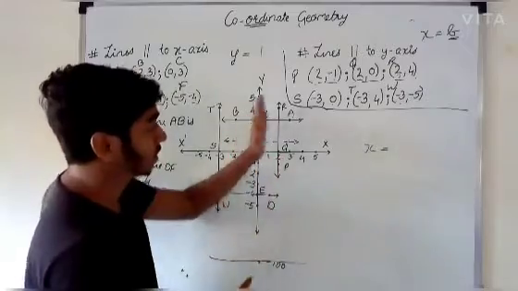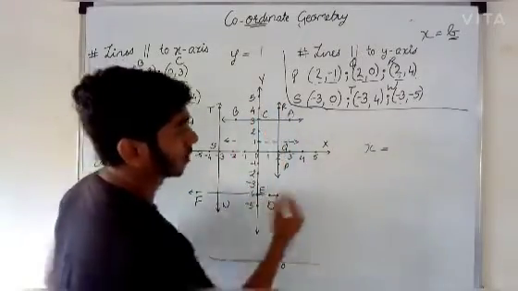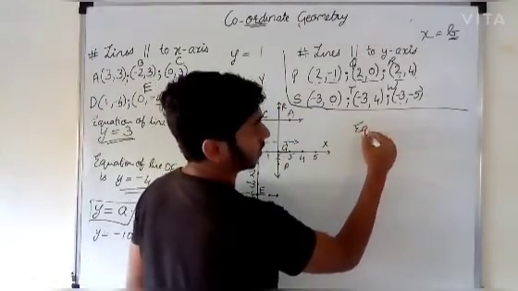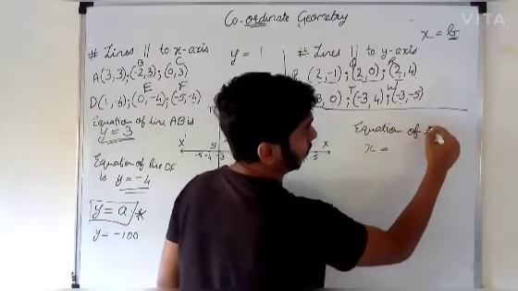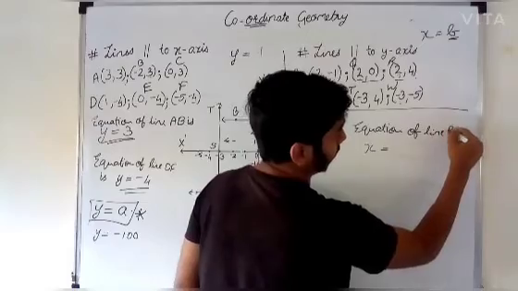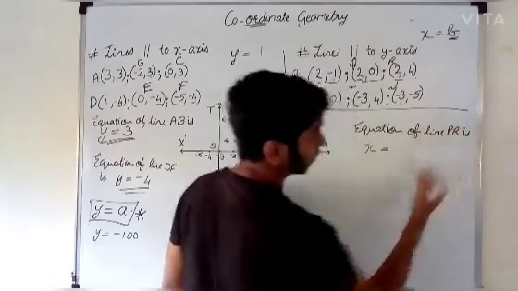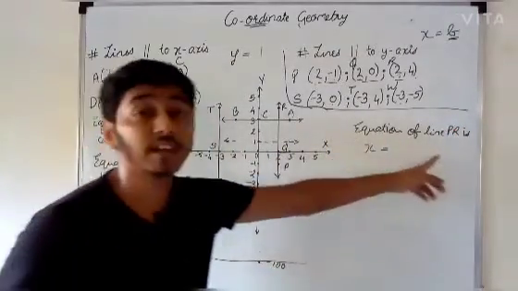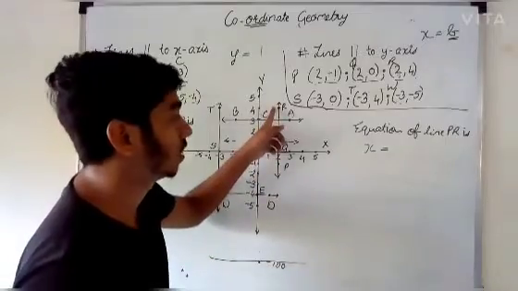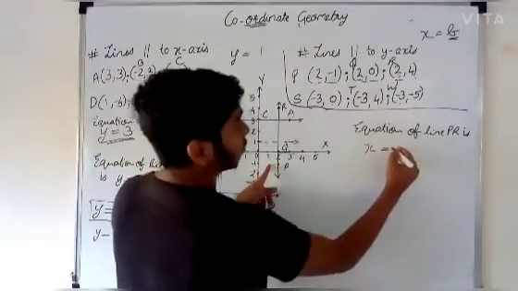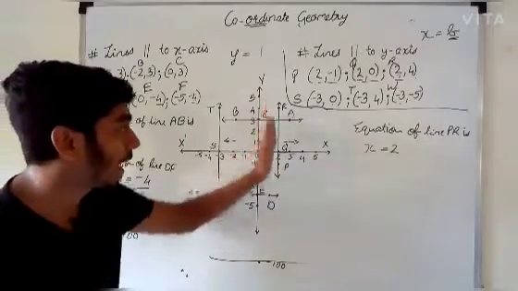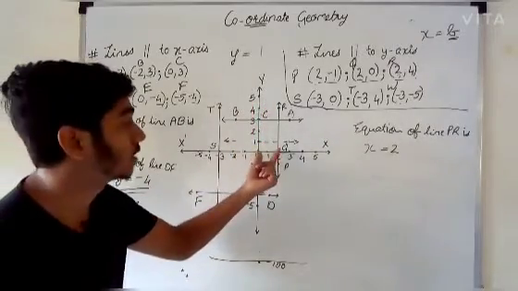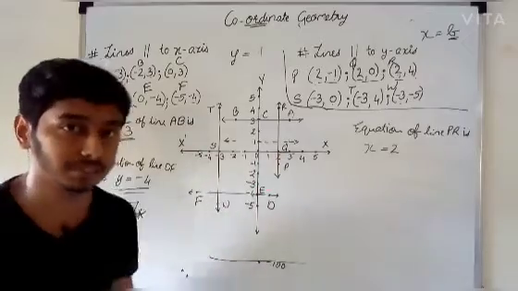See, so this line, which is PR, you can say the equation of line PR is X equal to 2. Yes or no? Because it's parallel to y-axis and it is at a distance of 2 units.